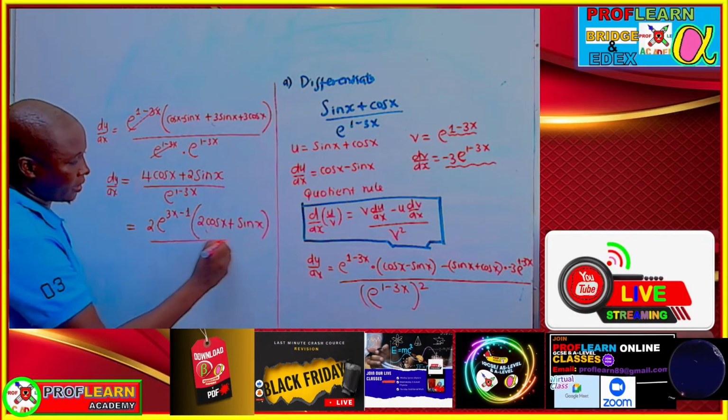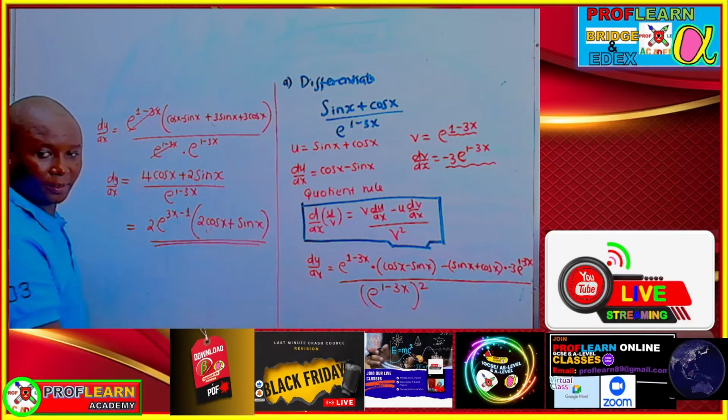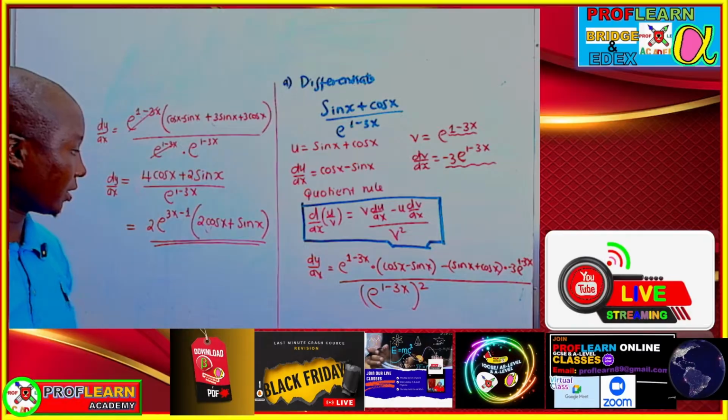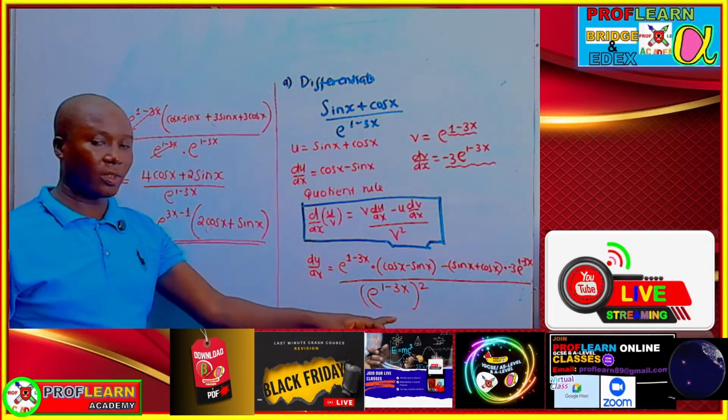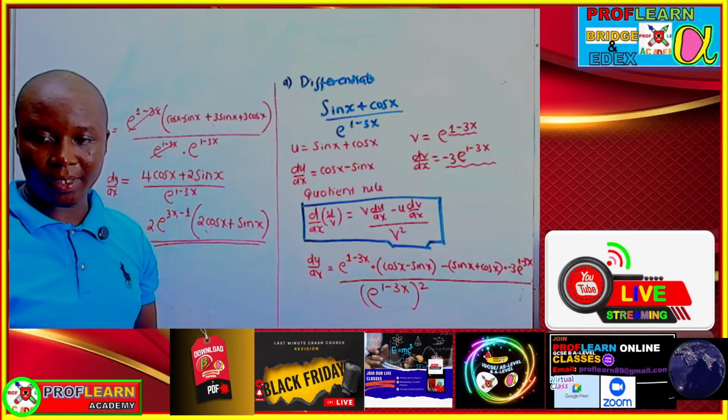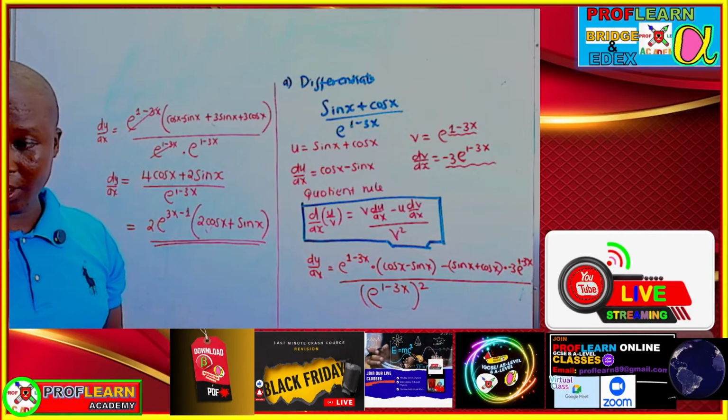So this could be the final simplified expression in this particular question. But otherwise, if you are done with this question and you leave it at this particular level, you still get all your marks according to additional math.